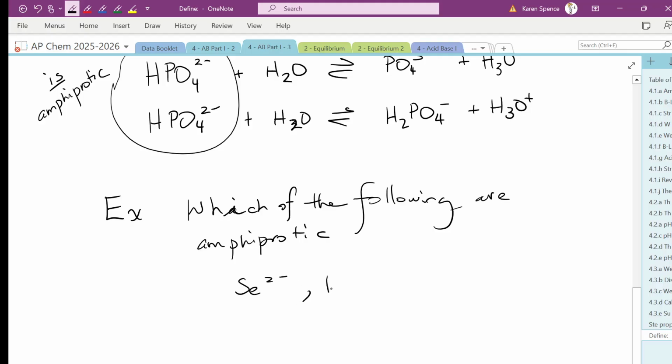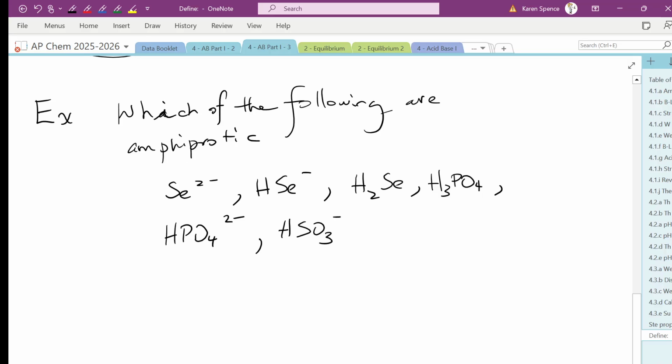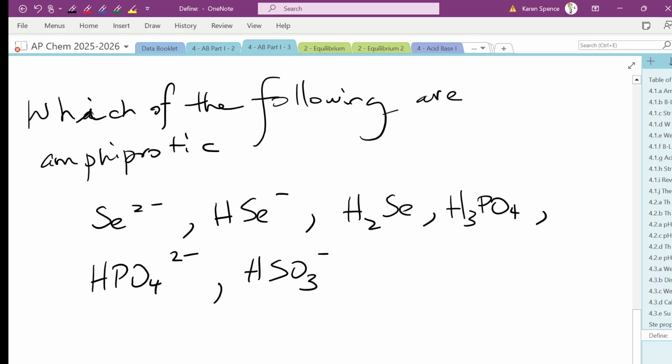Se2 minus, HSe minus, H2Se, H3PO4, HPO4 2 minus, and HSO3 minus. You may have done this for homework already, but if you haven't, there it is. Which of the following are amphiprotic?